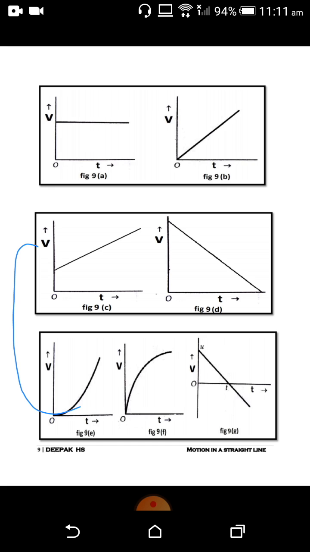The last point is when a body is thrown vertically upward and moves under gravity. Whenever a body is thrown vertically upward, that is what the velocity time graph shows. So these are some of the important cases which we come across.